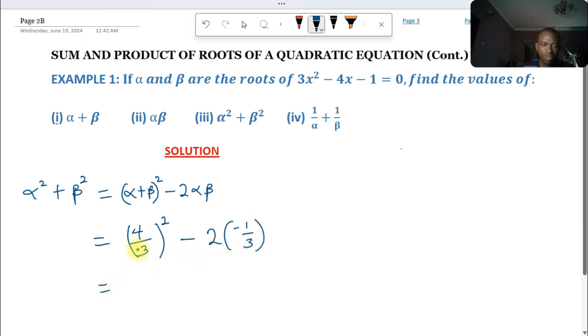We have 4 squared divided by 3 squared. I have given the power 2 to both of them separately. Then this 2 is multiplying -1, so we end up having -2 times -1/3, which is positive 2/3.